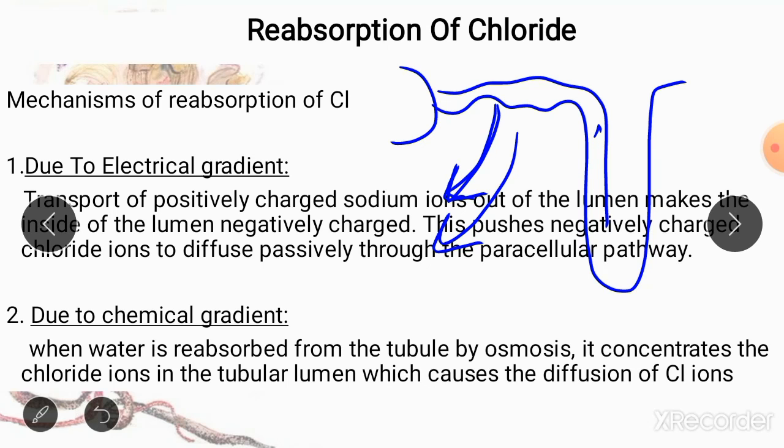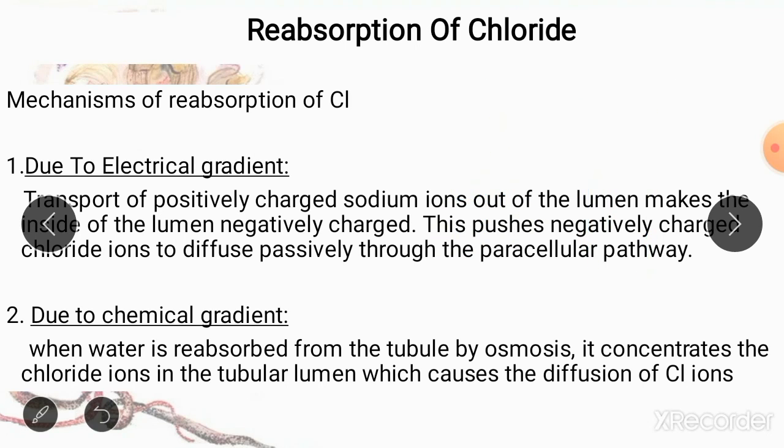Also, when sodium leaves the nephron from the proximal convoluted tubule, you can see that a positive ion is being lost from the proximal convoluted tubule into the interstitial space and peritubular capillaries. There is going to be left behind an unbalanced negatively charged chloride, and this negatively charged chloride is also going to move along its electrical gradient. So chloride is reabsorbed along its electrical and chemical gradient.